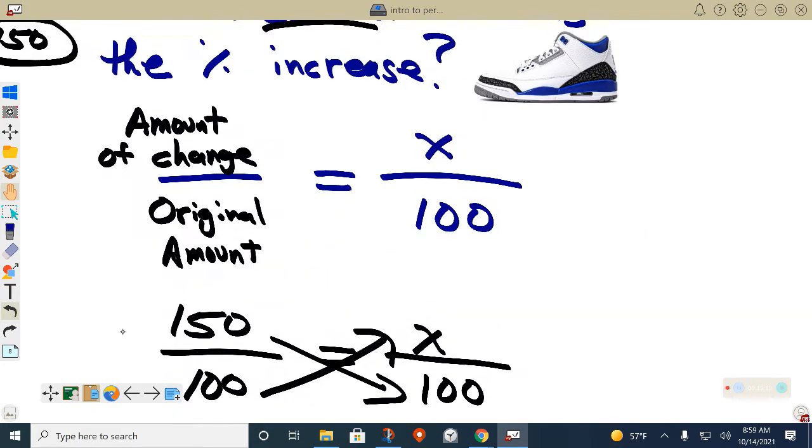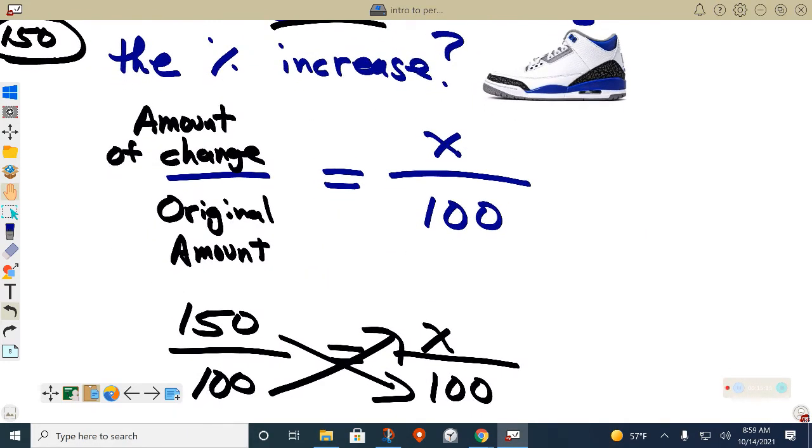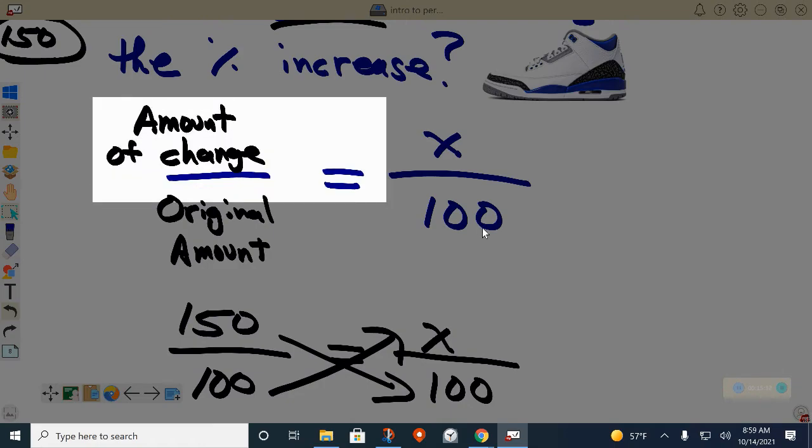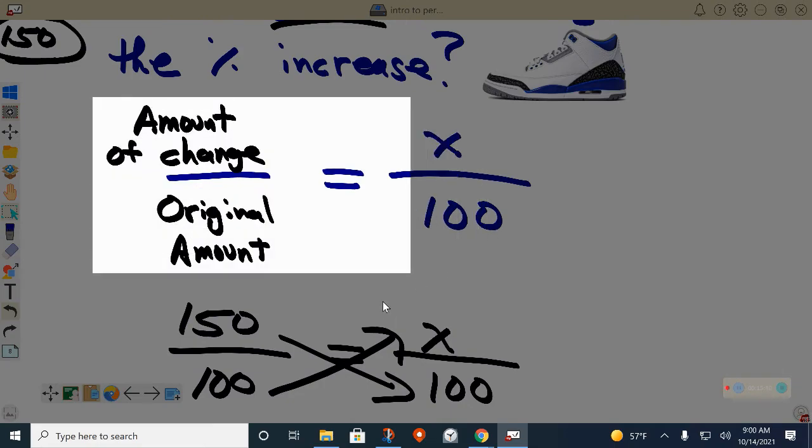The new formula is right here. I'm highlighting it.